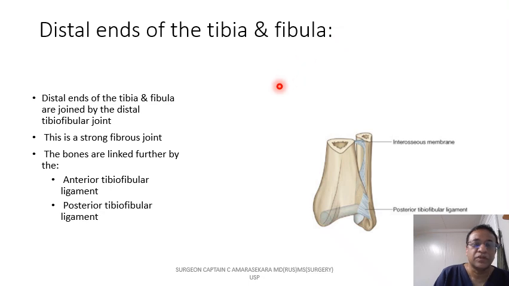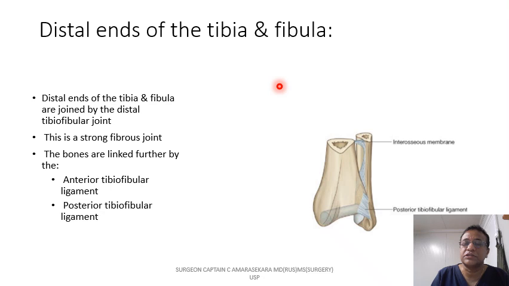So in summary, the distal tibiofibular joint is not a synovial joint, it's a fibrous joint, and it supports the motility of the ankle. And there are two main ligaments. One is the posterior tibiofibular ligament, and one is the anterior tibiofibular ligament.